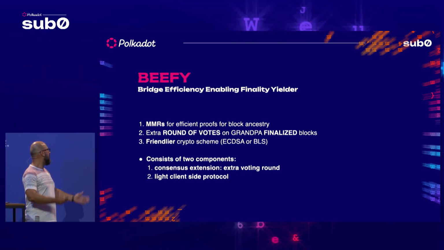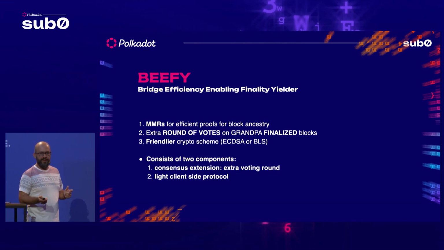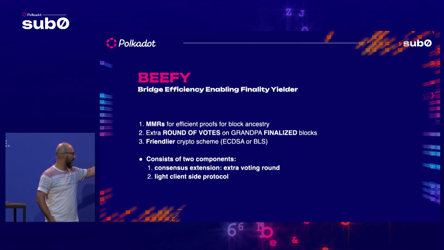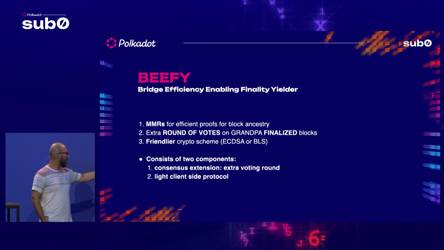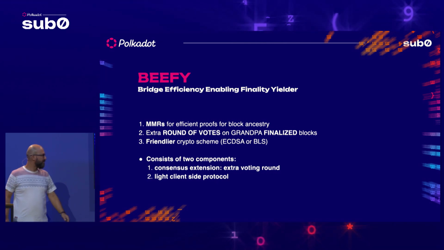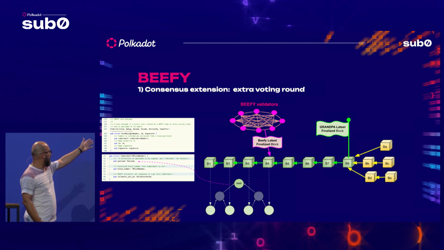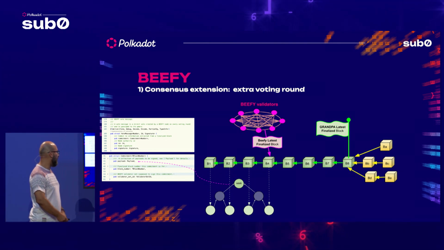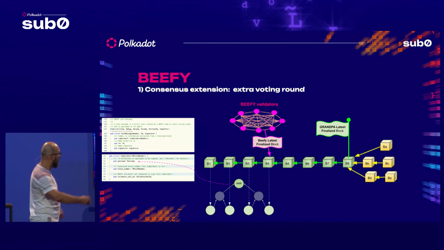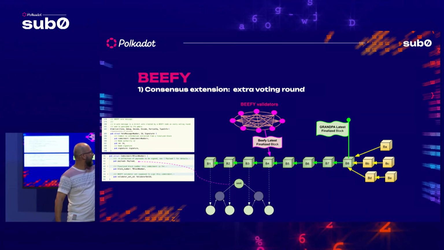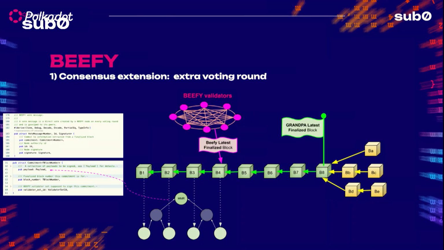So basically, BEEFY consists of two components: one extra voting round and a light client-side protocol. What is the consensus extension, our extra voting round? This is the example that I want to show. Different from Grandpa, which is voting for different things, here we are voting for a very specific and finalized Grandpa block, right?